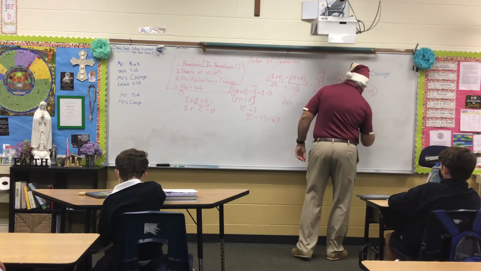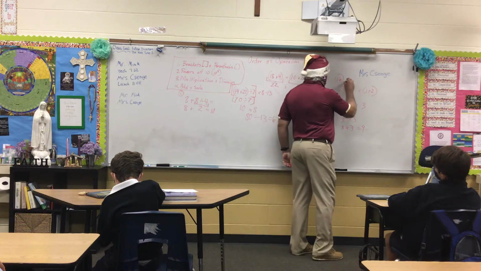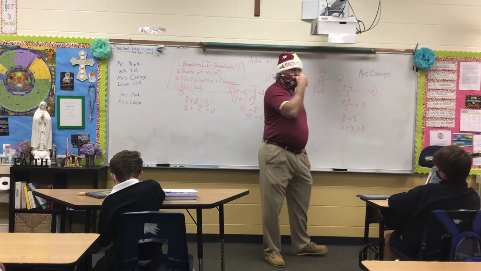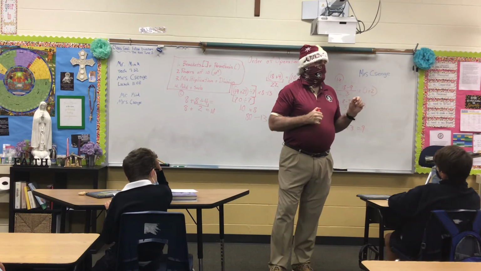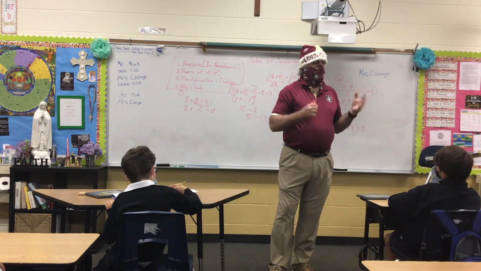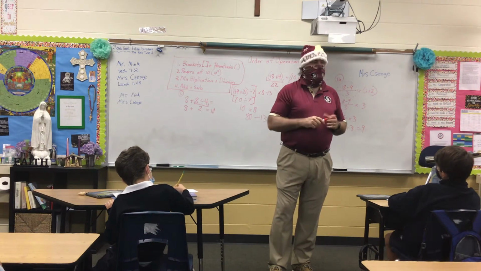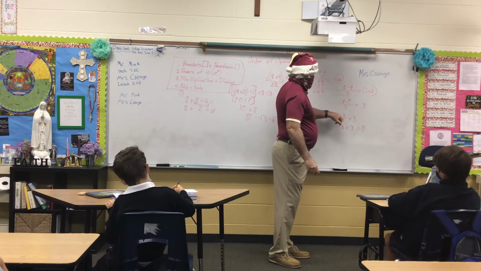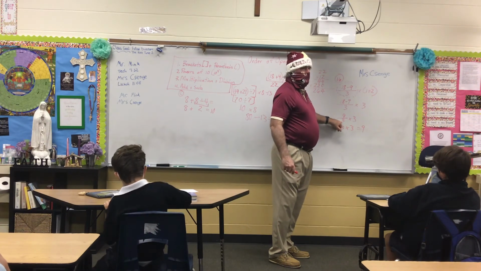Now, in this here is what kind of a problem? It's a fraction, but what are fractions? Division? They're a division problem. Because once you put these two together, you got 9 over 3, which is actually a division problem.